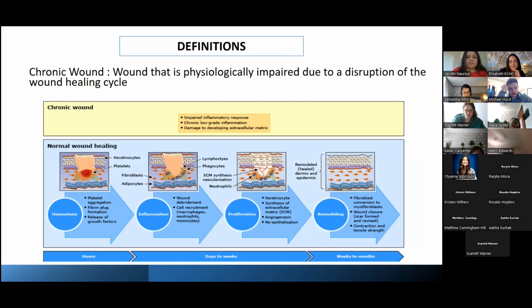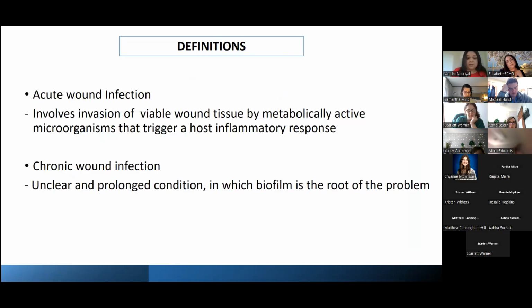A chronic wound is a wound that is physiologically impaired due to disruption in the wound healing cycle. There's always a chronic low-level inflammation going on in the wound, and it damages the extracellular matrix, so the wound cannot completely heal.